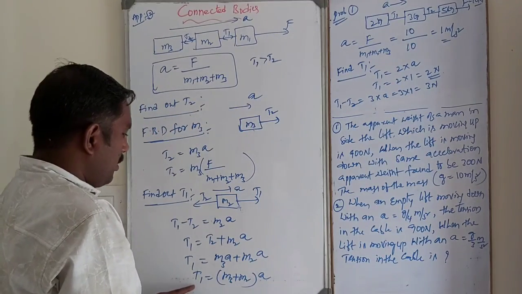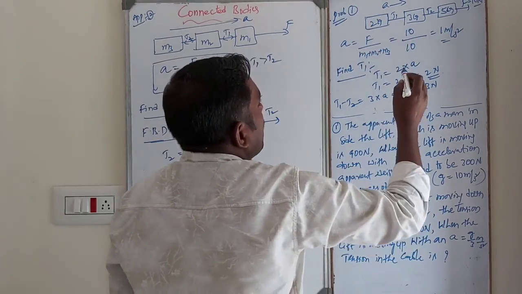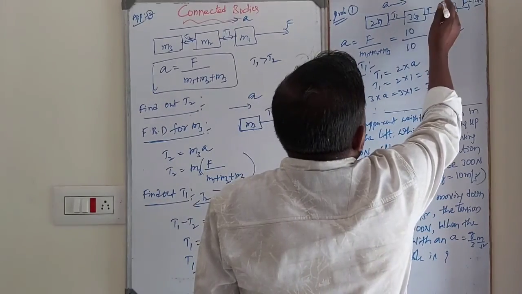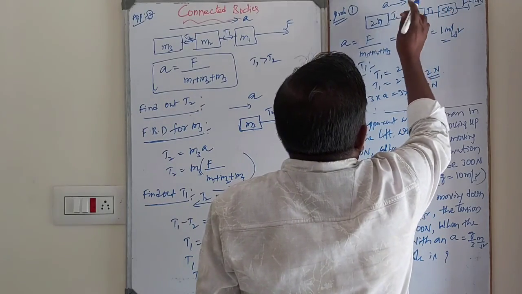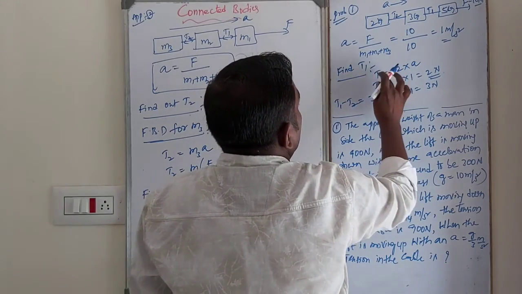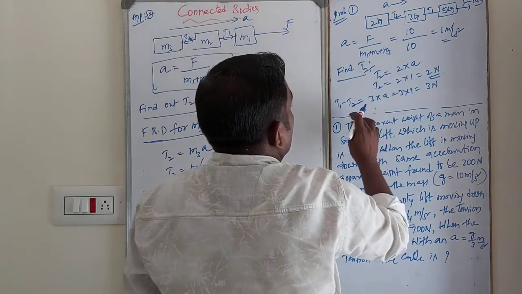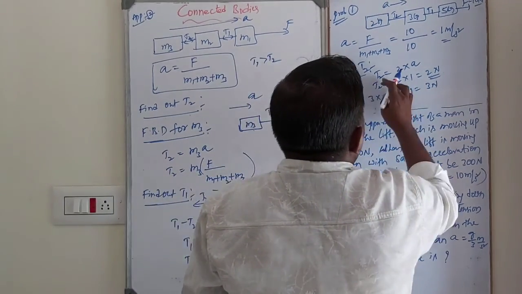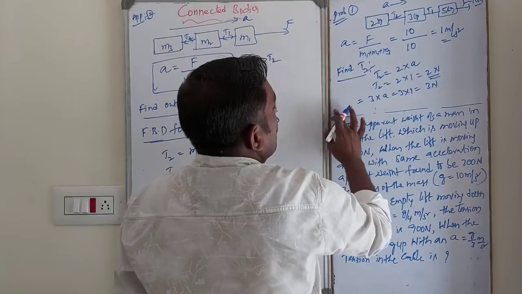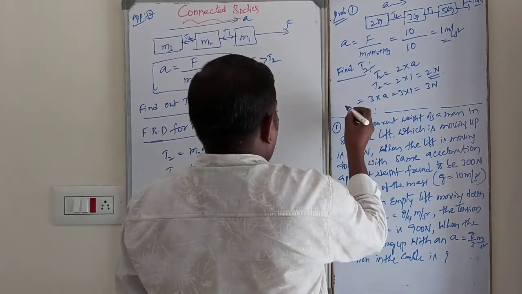This is T1, this is T2. I will take T2, okay. So this is T2. So T2 is equal to what? T2 is equal to 2 Newton. So I want T1.